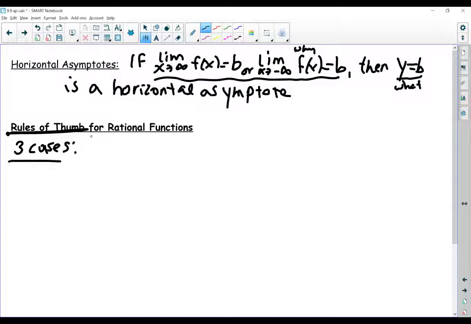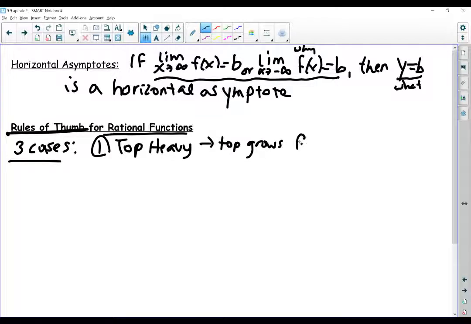So here are the 3 cases for rational functions, so fractional functions. The first case is top-heavy. Top-heavy functions means the top grows faster than the bottom. In polynomials, that meant the degree is higher, but we can mix exponentials with logs, with sines, we can mix them all together.